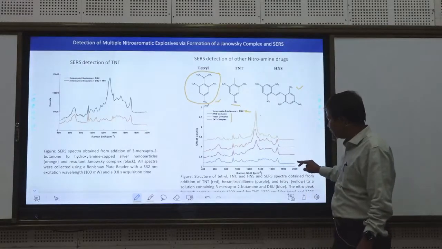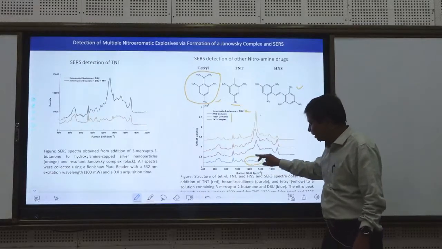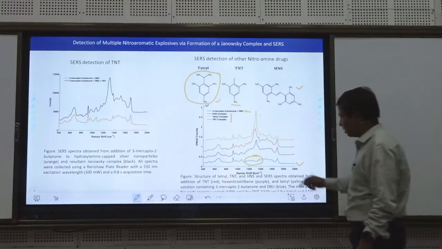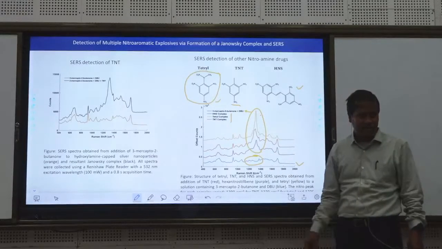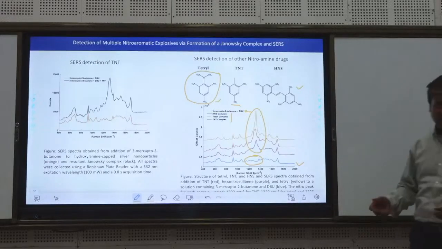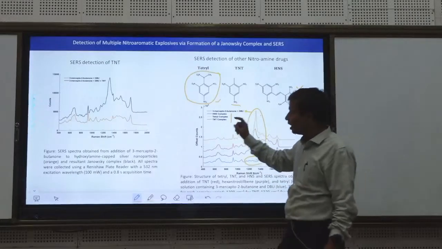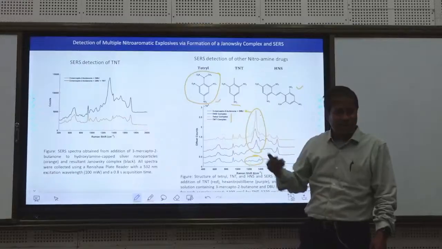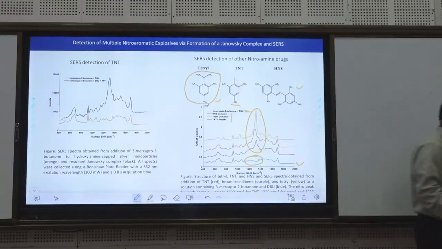So in every case, if you compare with this one, you see the peak indicating the presence of explosive, and it's very clear. So this SERS can detect the explosive. Only thing is that you have to take out the compound, then react it with that reagent, and then make a layer of the SERS material and detect it very nicely.